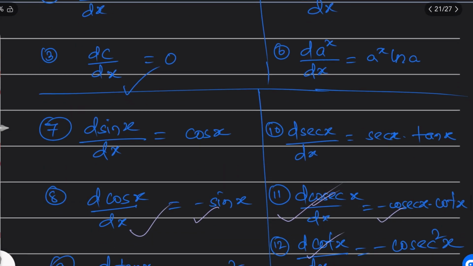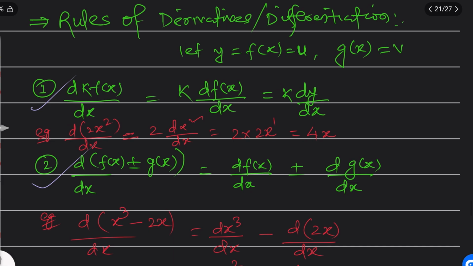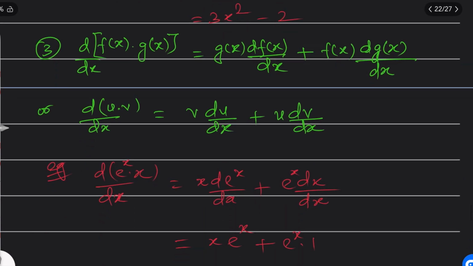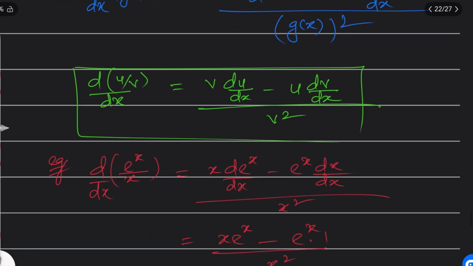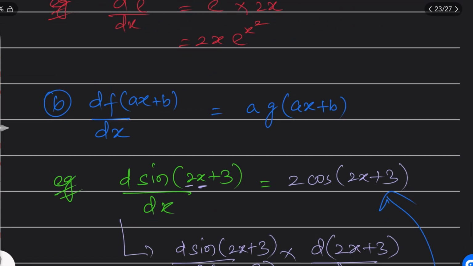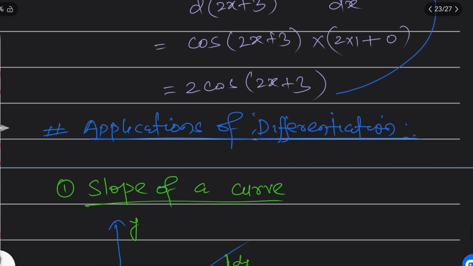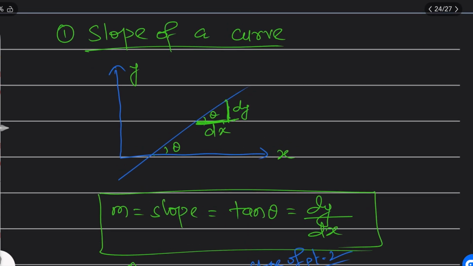So please go through all the differentiation formulas once, because we already discussed the rules of differentiation, one by one. Hope you have already gone through everything. Then we discussed applications of differentiation. The first application is the slope of a curve, so you just revise how to calculate the slope of a curve.